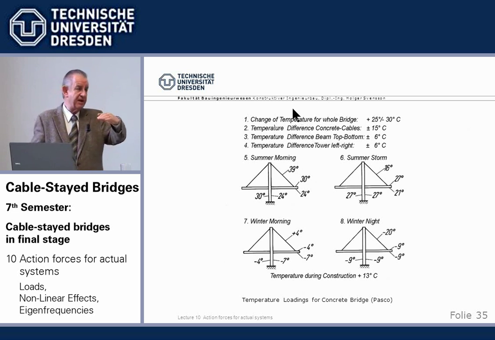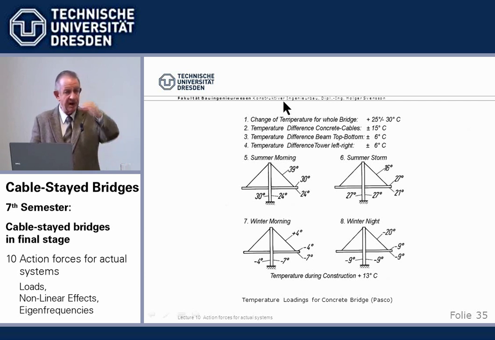We have a base average temperature, which in Germany and many others is 10 degrees. And against those, we have a rise and fall of overall temperature between, say, plus 25 and minus 30, depends on the location. Then, if the sun radiates, the cables very often heat up faster than the beam. So we have there plus 15.